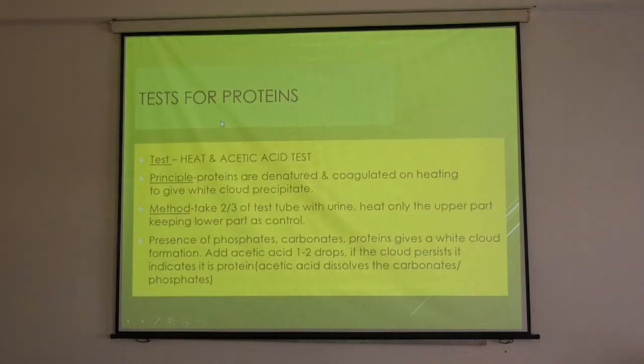Okay, now we come to protein. So the first test we do is the heat and acetic acid test.